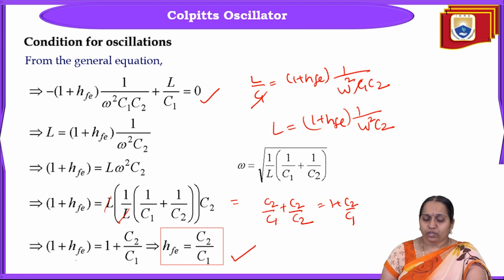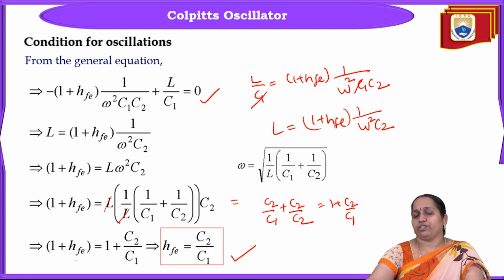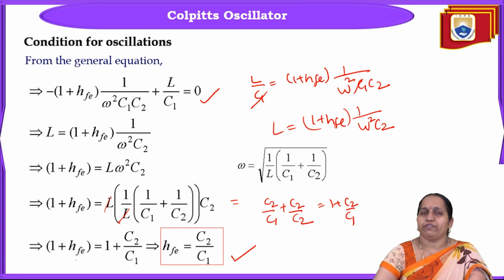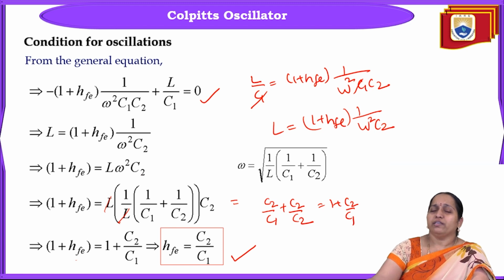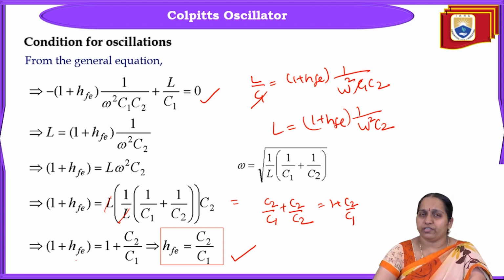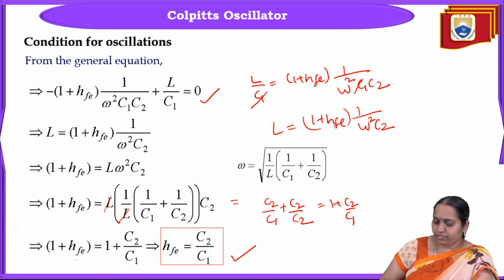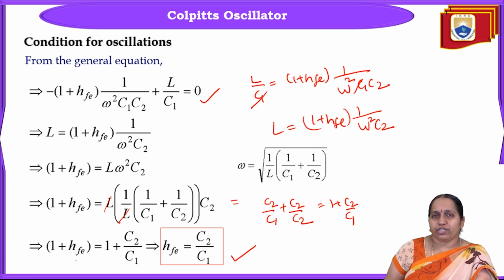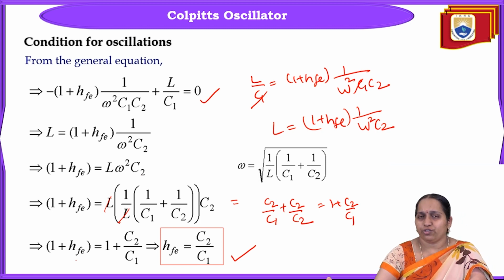So far we have seen what an LC oscillator is, an oscillator in which L and C are the impedances, or the reactive elements. Such oscillators are called LC oscillators, and they are basically used to generate high frequency sinusoidal signals. We have seen the general block diagram of an LC oscillator and derived the general equation.